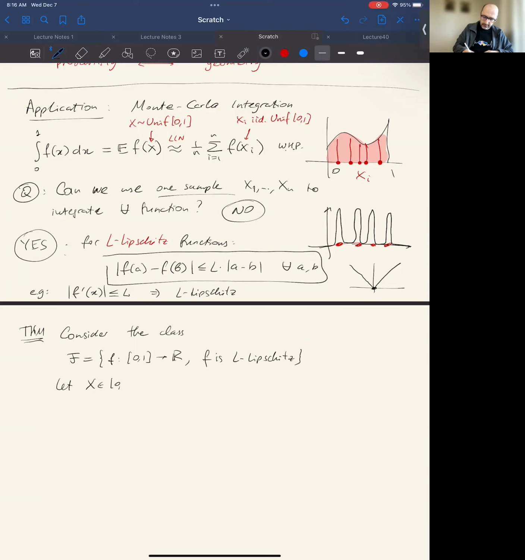In fact, any random variable, any distribution is okay. Let the xi's be IID, independent and identically distributed copies of x. Copies means that we're taking them from the same distribution; it's just a sample from this distribution.